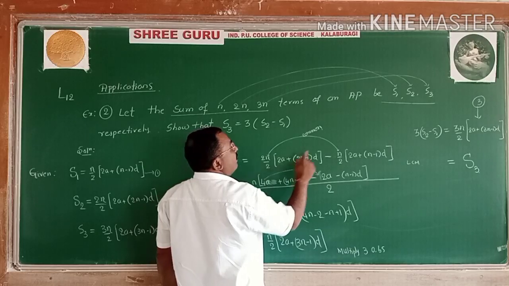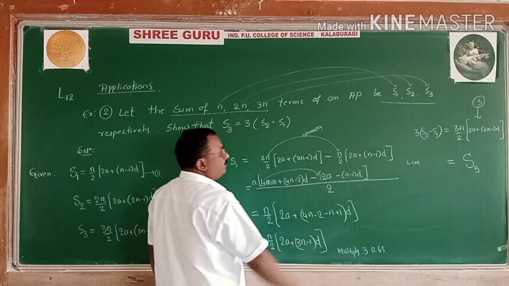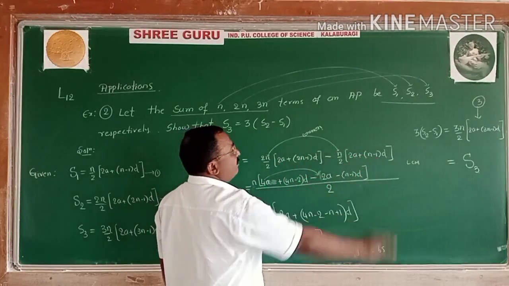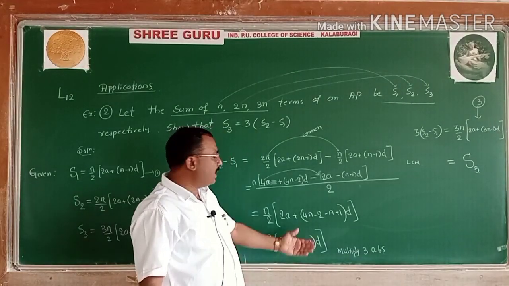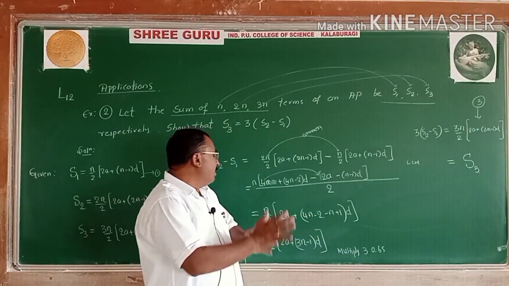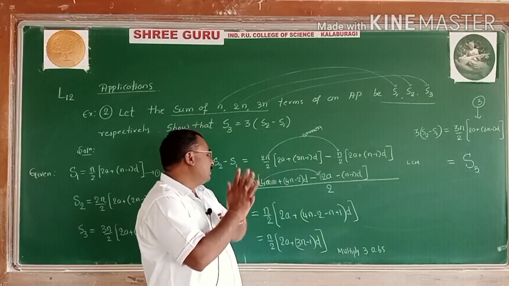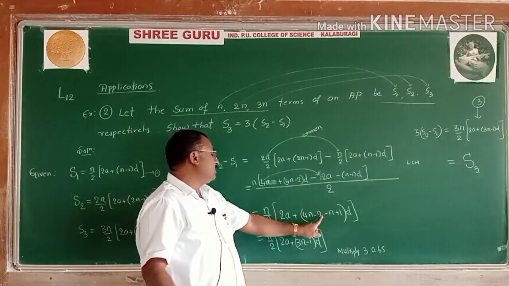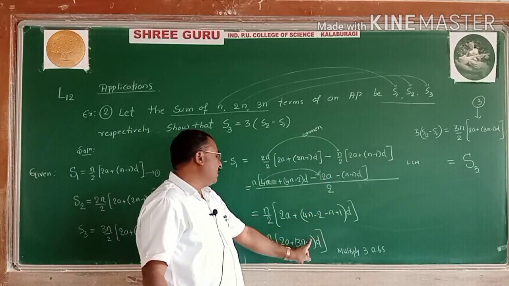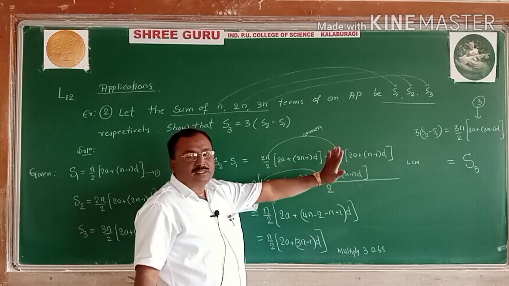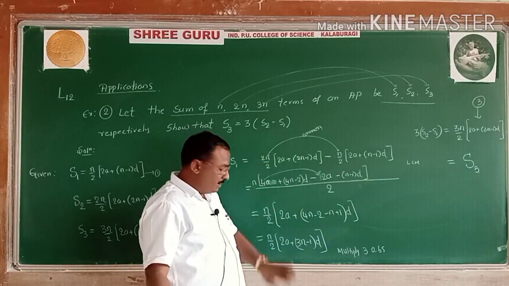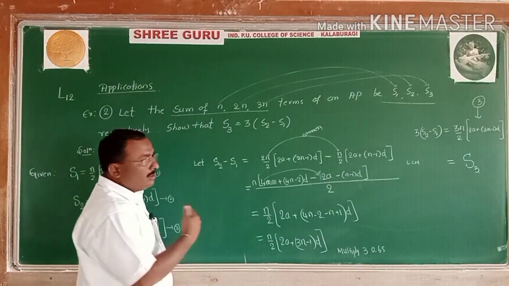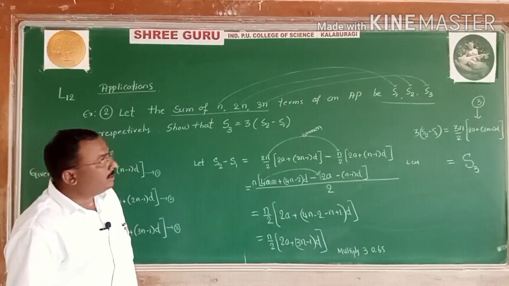Multiplied by 2, 4n minus n is 3n. Here 1 is there, simplify, remaining 4 minus 2 minus 1, minus 2 plus 1 is minus 1. Simplify this carefully and you will get S3. Understood? Any doubt? Okay.